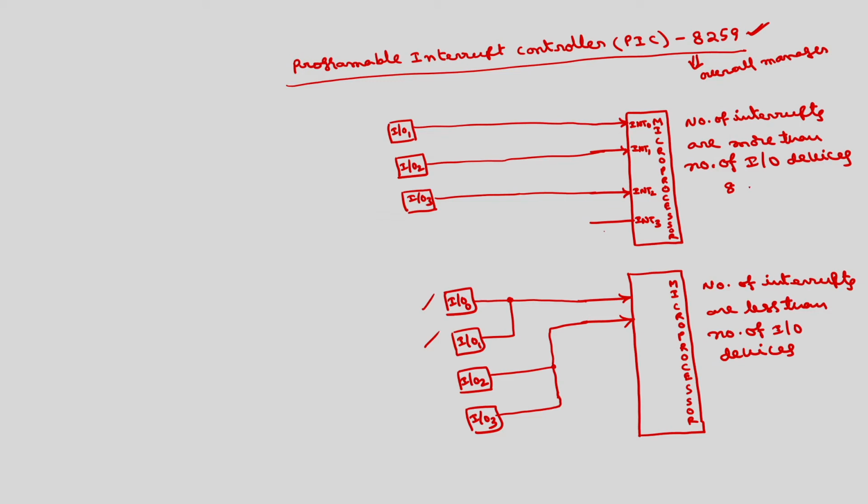In the first case 8259 is not required because the number of I/Os is less than the number of interrupts, whereas in the second case 8259 is required to resolve the conflict between the different I/O devices.